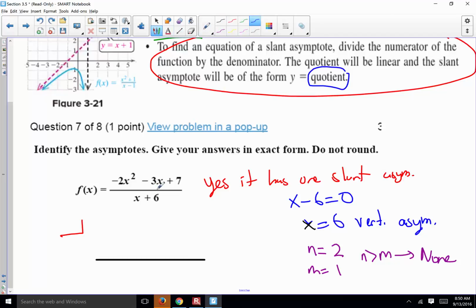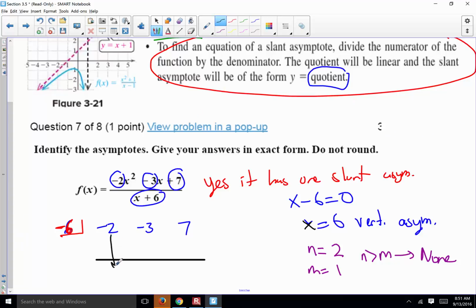I put the divisor here. I mean, just take the number part. It's negative 6. Remember, we take the opposite of this number here. And I take the numbers in front, these 3 numbers, right on the top. Minus 2, minus 3, and 7.